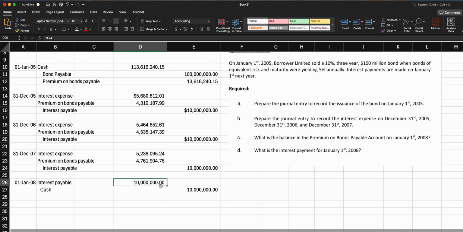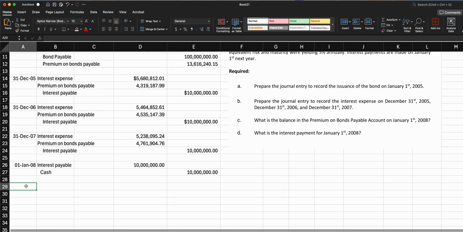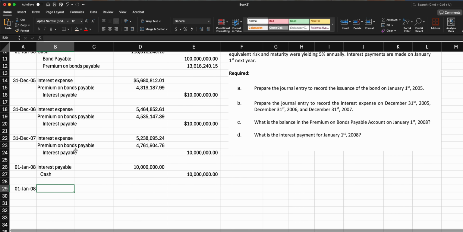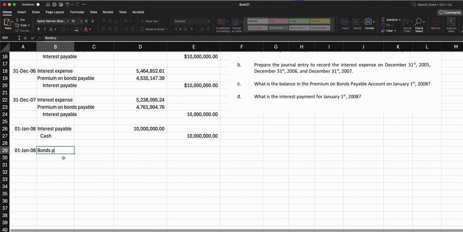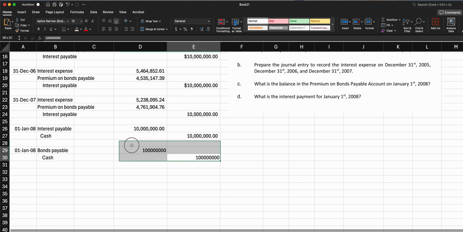So now you're just paying it back. Also on January 1st, 2008, you would be paying back the bond because this is only a 3-year bond. So you would debit bonds payable and you would credit cash for $100 million. And that's it. Okay, that is how you solve a question like this.